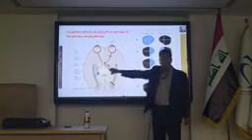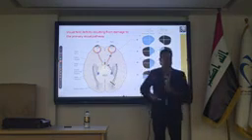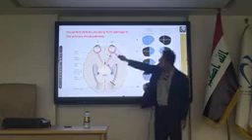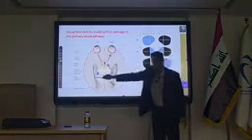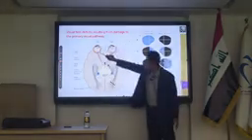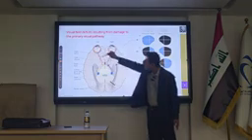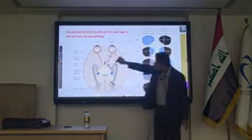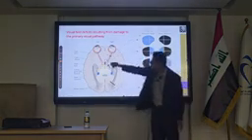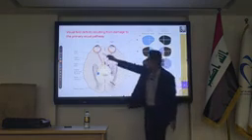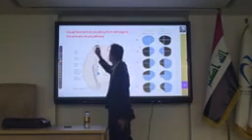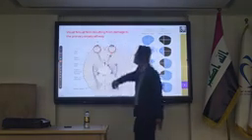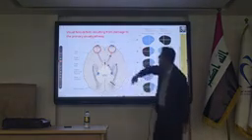In the optic chiasm, we have only nasal fibers. Nasal fibers from here go through the optic chiasm that way. Nasal fibers of the left eye come through the optic chiasm to the right side. They are cut now. So the nasal retina sees this part of the image, right?